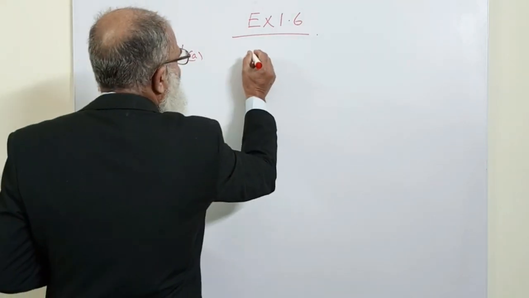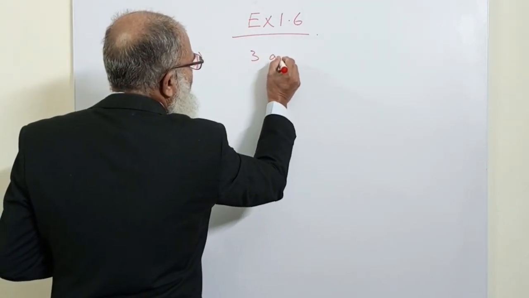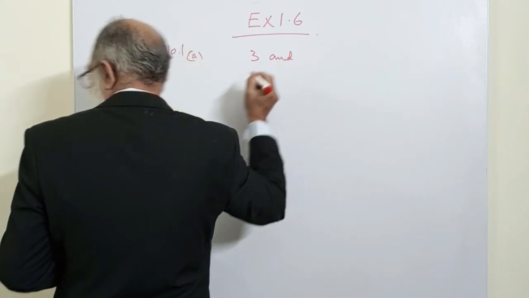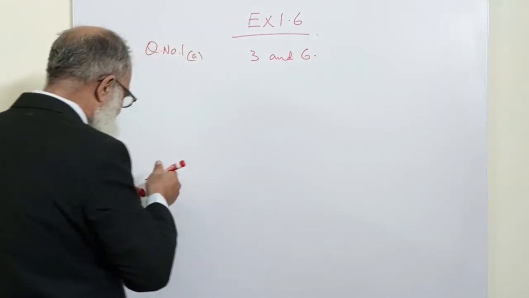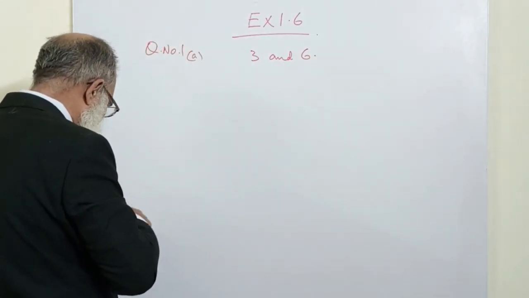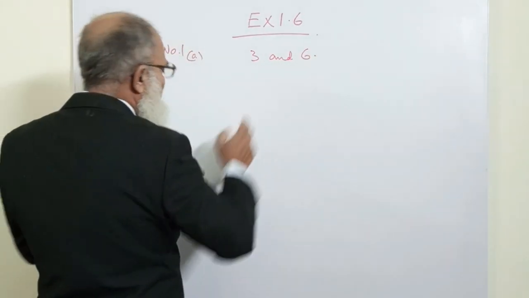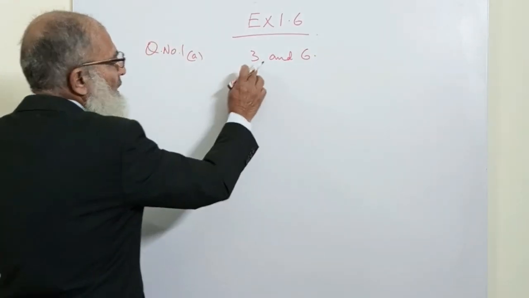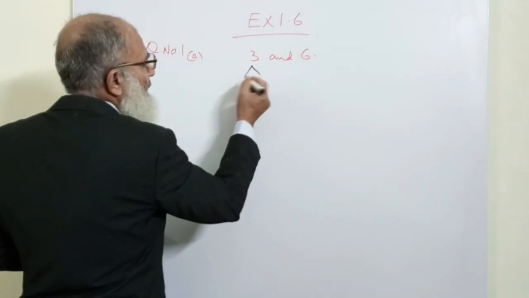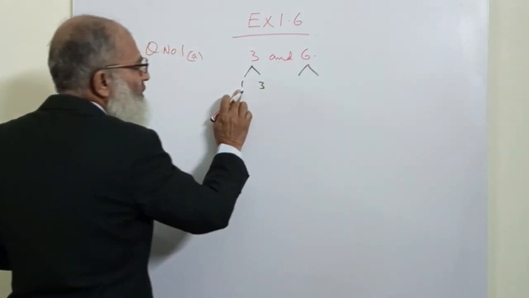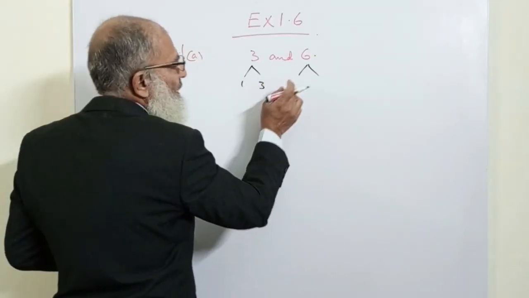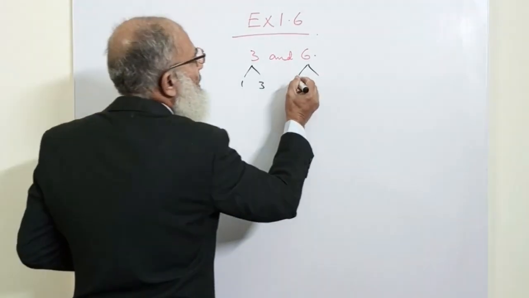I have to find the HCF of 3 and 6. So it is very easy again. The factors of 3, as you know, are 1 and 3, and we don't even have to write 1 repeatedly.